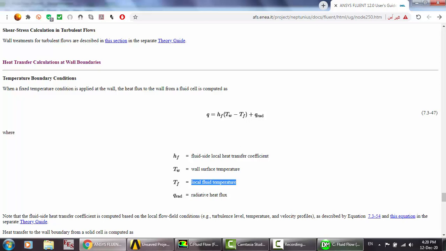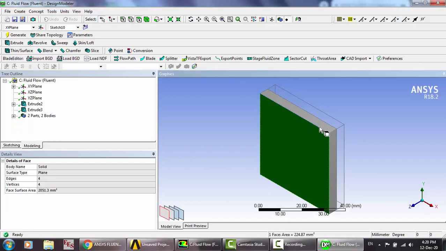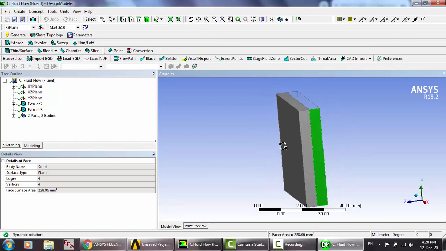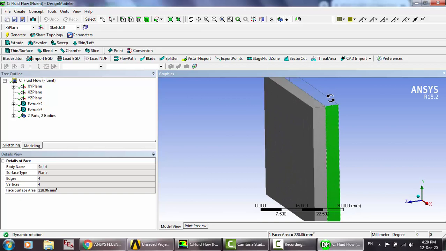If you have a simple geometry like this, we have aluminum, it's solid, and we have an air duct. I'm just using an air duct to be able to solve this in Fluent, because Fluent mainly focuses on the fluid domains.